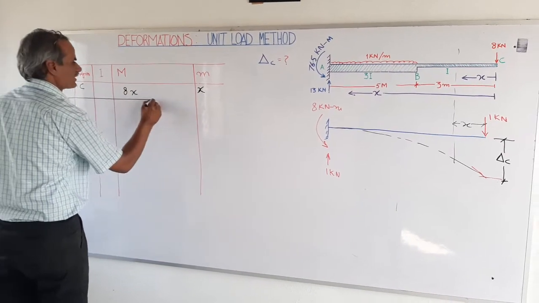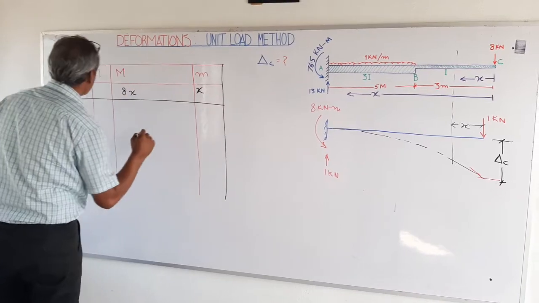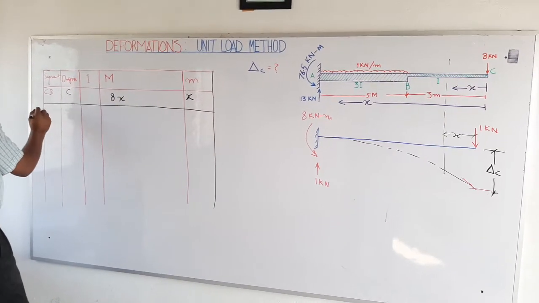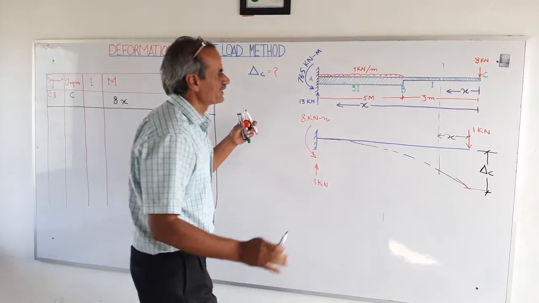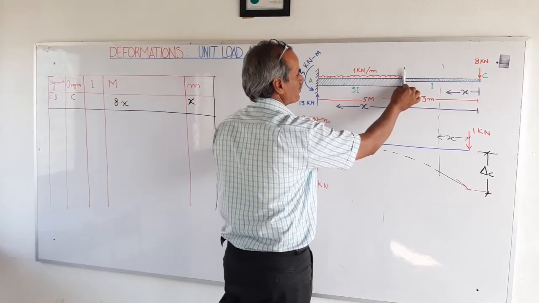We go for the second row and try to address the second portion, and now it is up to us. We want to proceed from this side or we want to proceed from this side.